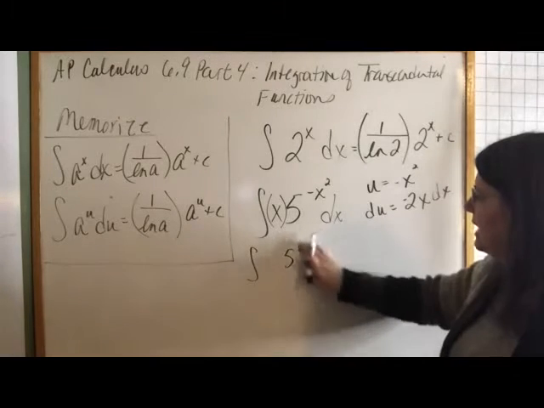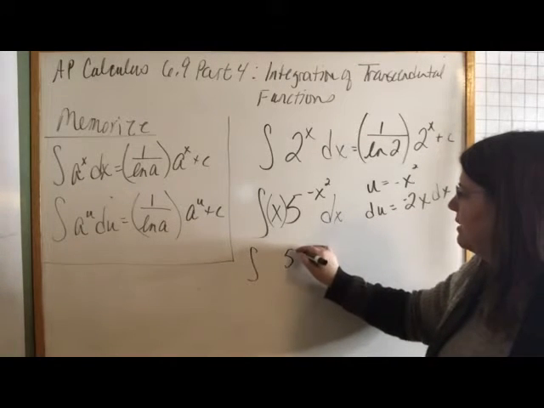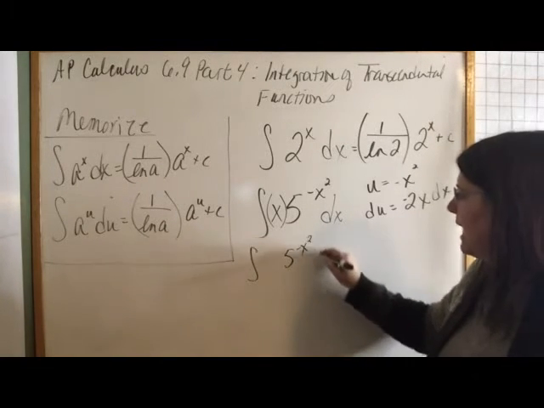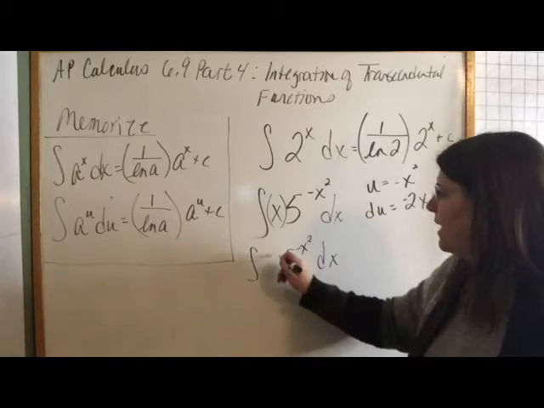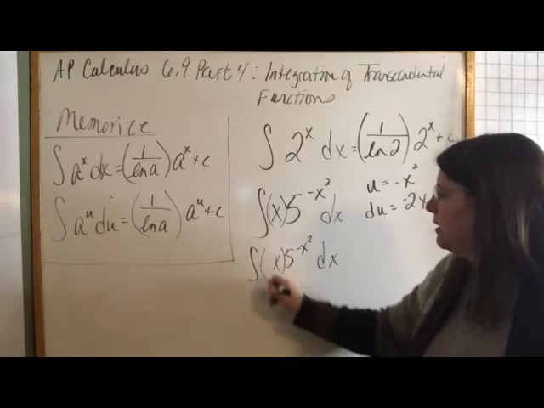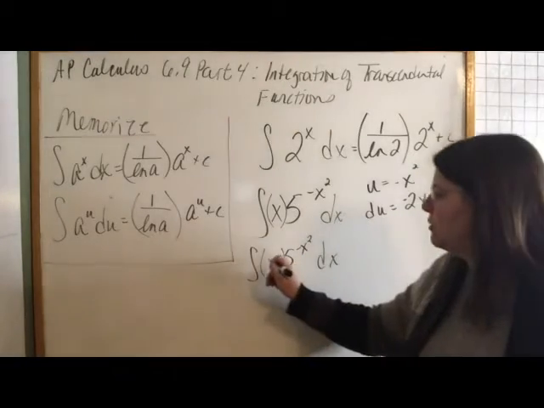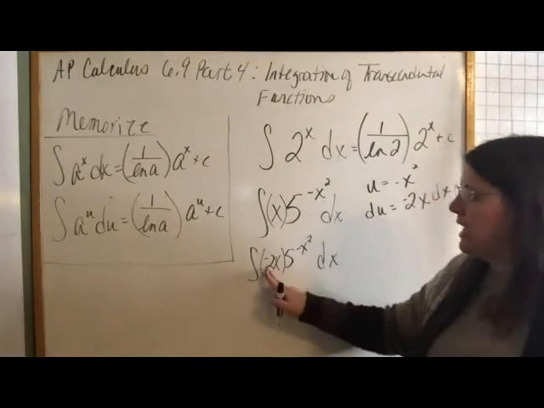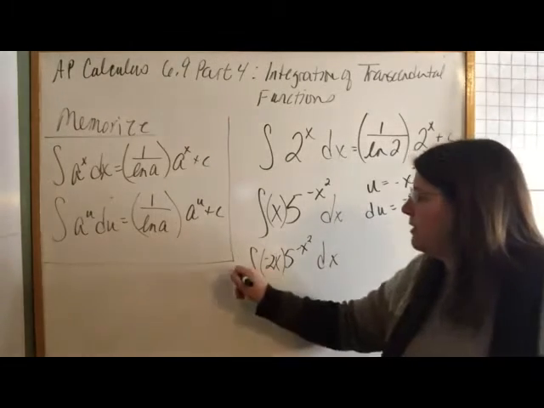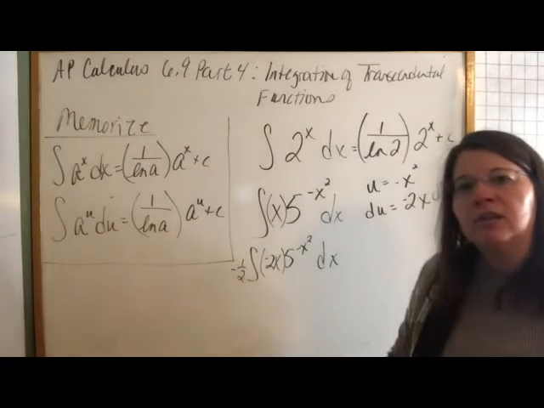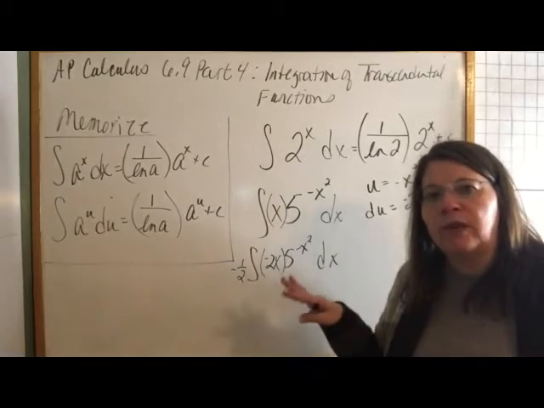If this is 5 to the negative x squared, and I've got the dx with that x in the front, well, this x, in order to have my du, needs that negative 2 in front of it. If I put a negative 2 in front here, I need to offset that with a negative 1/2 on the outside.